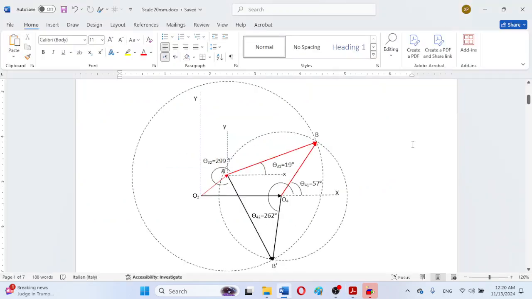I have drawn the position analysis using Microsoft Word, and I have already uploaded a video on how this position diagram can be drawn using Microsoft Word. I will also put the link in the description.